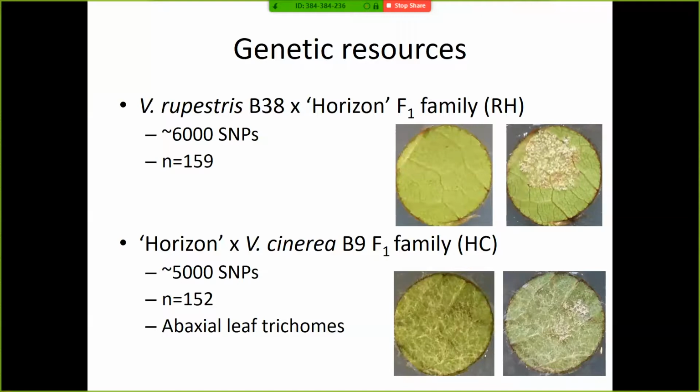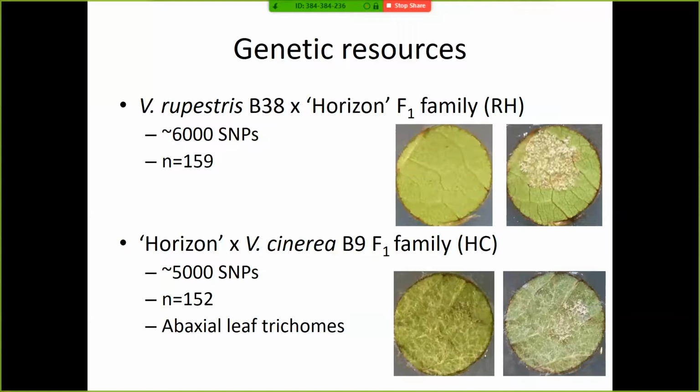For both of these, we have genetic maps available. There are about 6,000 SNPs, and the population size is about 160. I'll call this family RH. And the other family is Horizon by Vitis cinerea. Again, Vitis cinerea is a wild Vitis species. What's special about this family is that it has abaxial leaf trichomes.